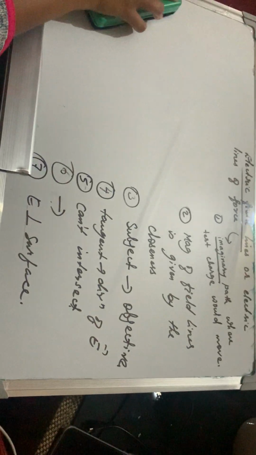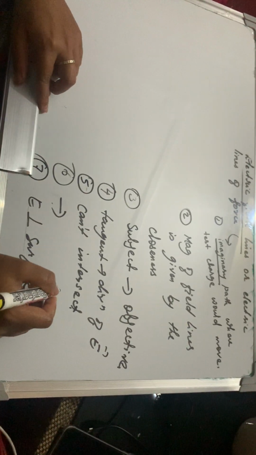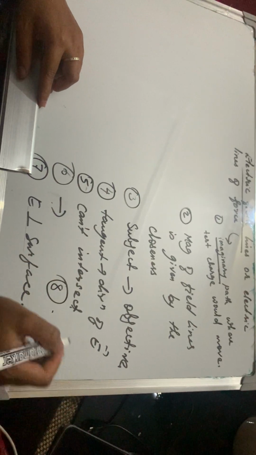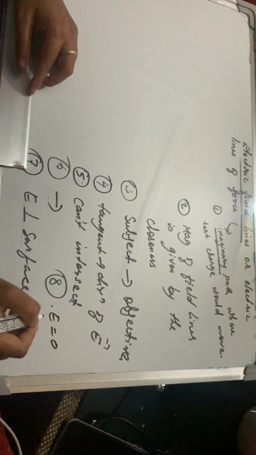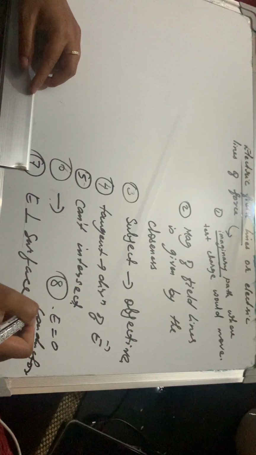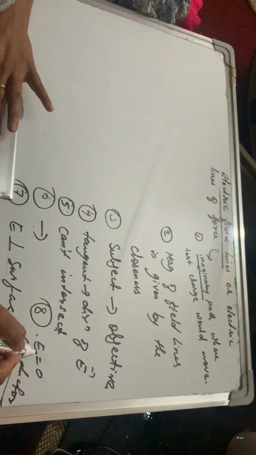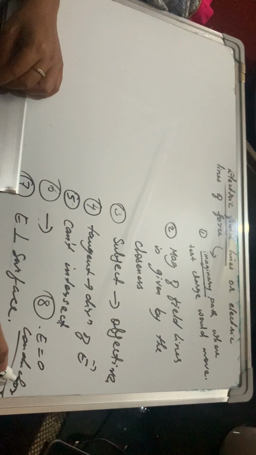So E is always perpendicular to the surface. Then one more I have given, that I'll discuss later: inside the conductor the electric field is 0. This is only in the case of conductor. I'll not talk about this now; in the capacitor chapter we are going to discuss it, however this is related. Electric field inside the conductor is 0 means no field lines inside the conductor.